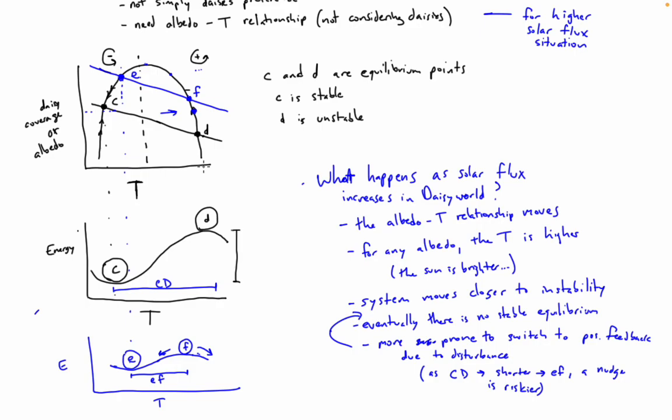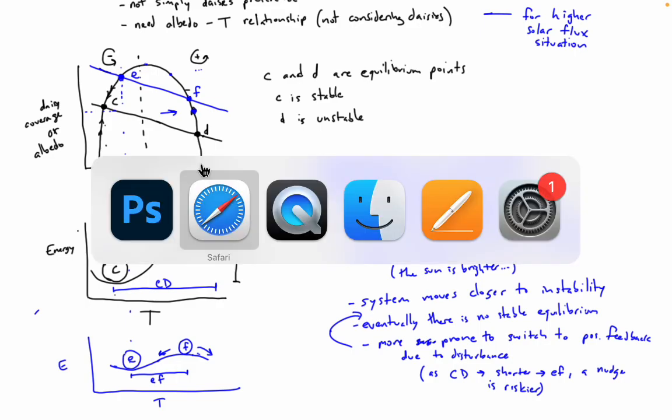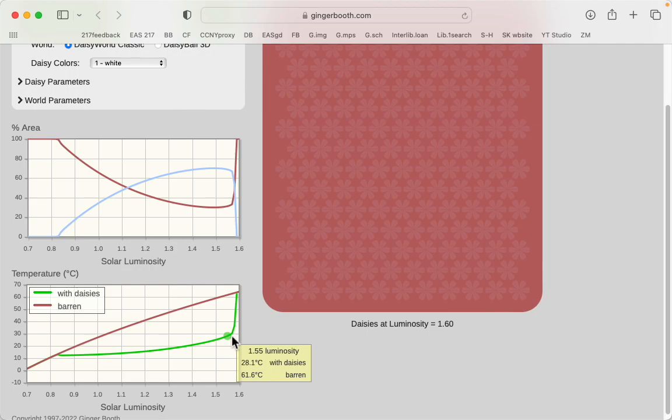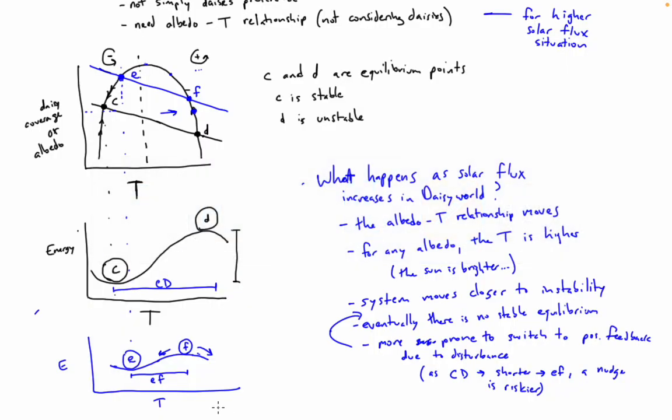So I hope that gives a glimpse of what's going on, and when you look at this model, a little better understanding of why this switch happened here. What we showed was that at 22.5 degrees, we got to the point where daisies stopped growing. They just leveled off because they don't like it any hotter than that. And that switched us at that point on this diagram.